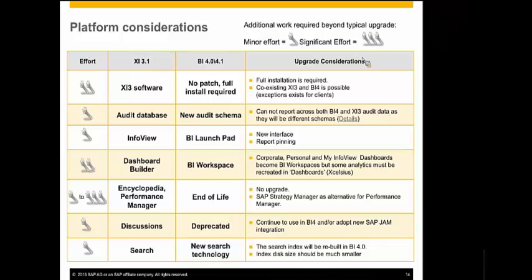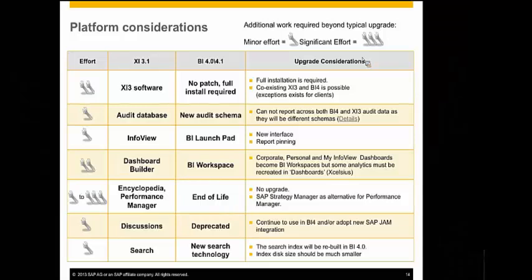So, continuing with the planning phase: how much effort will it take? We have some indication of how long or how complex it would be to move over from XI 3.1 into a BI 4.x deployment. Let's start with the software. Complex, I wouldn't say so, but it means you have to do a complete new installation on new hardware.